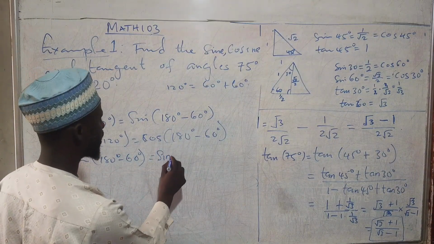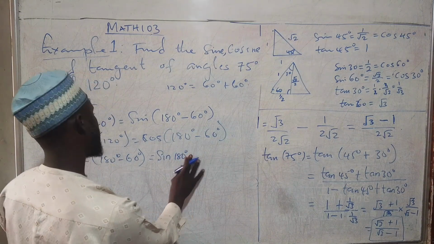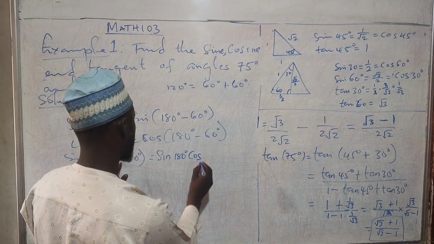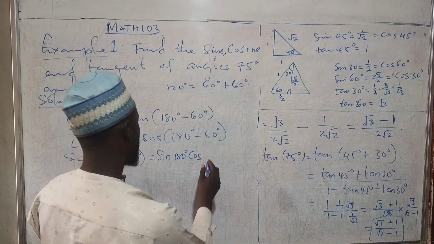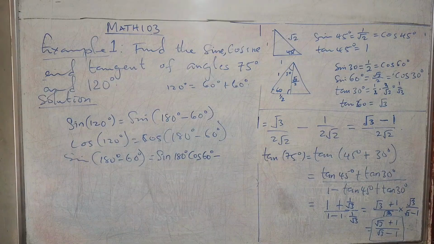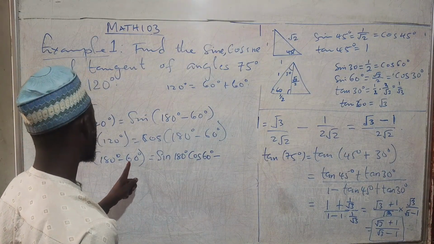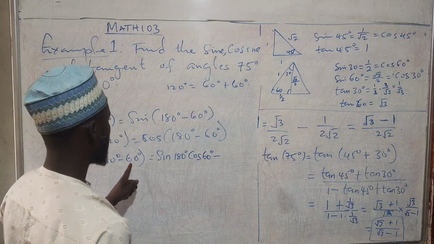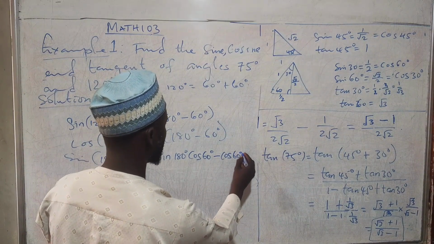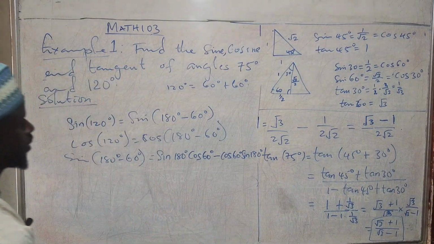This is sine A, which is sine 180 times cos 60 minus cos 180 sine 60 degrees.